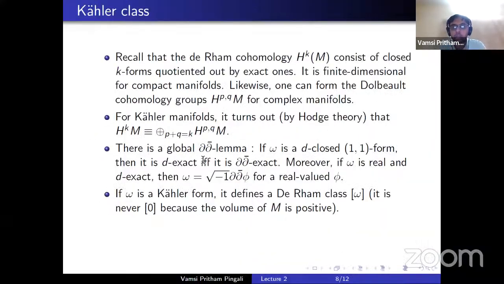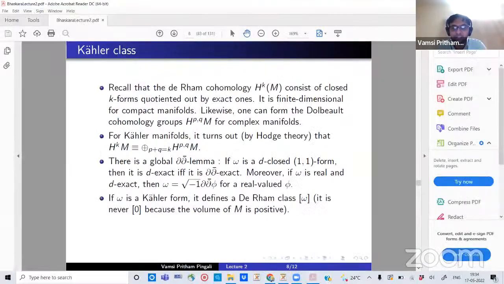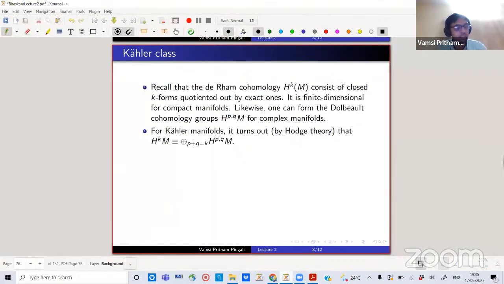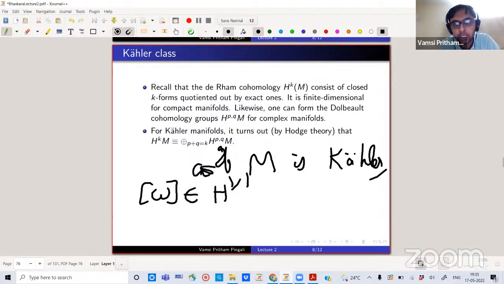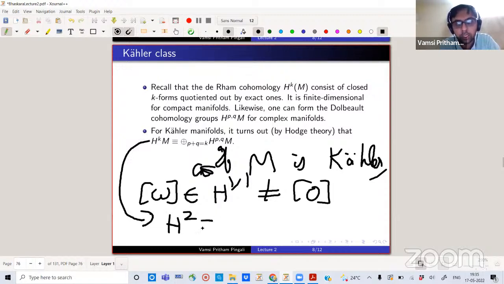Okay. So what does that mean? It means, in particular, that, sorry if you're getting seasick because of all this change, if M is a Kähler manifold, then omega, which is a 1-1 form, is not the 0 class. Now the point is, because of this, H2 is H11 direct sum H20 plus H02.